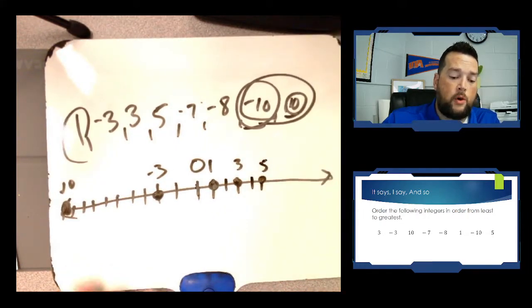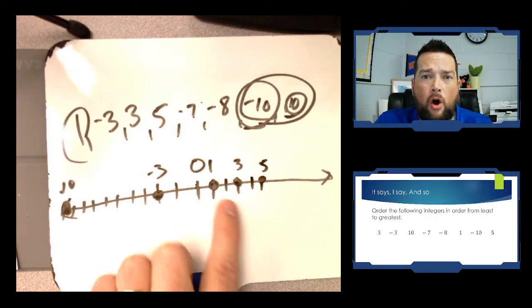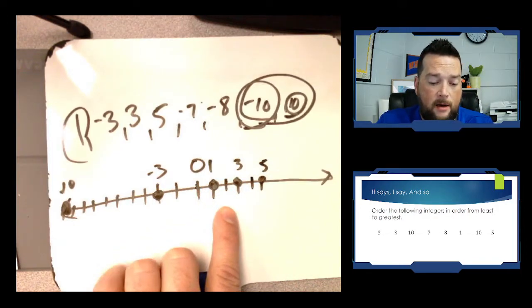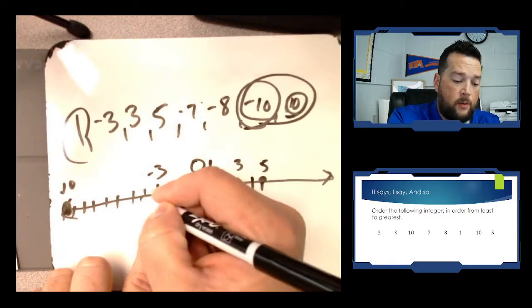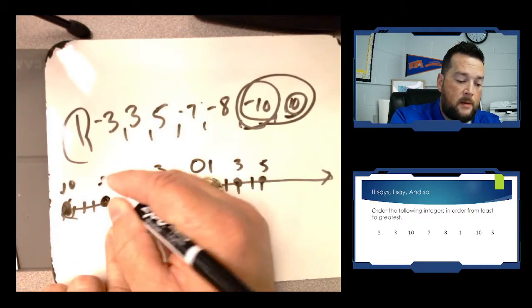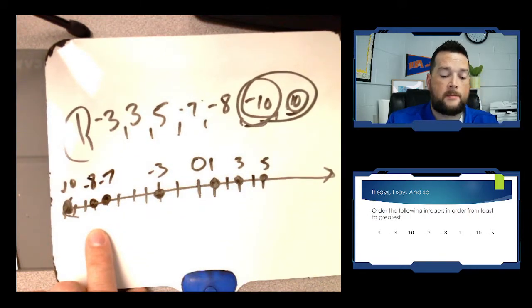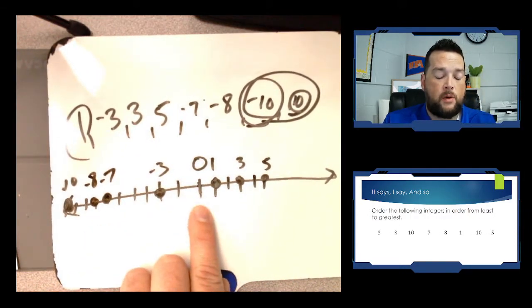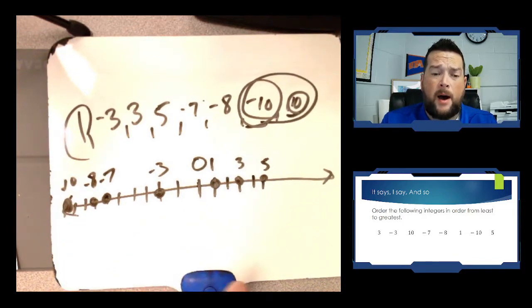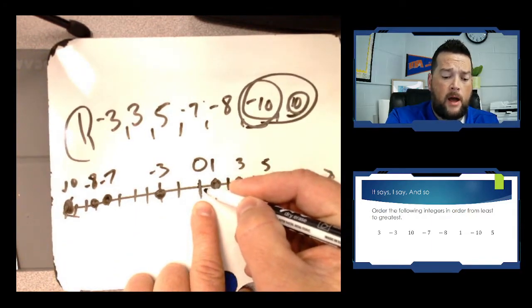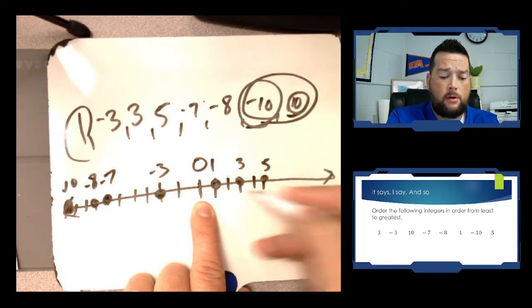All I'm doing is plotting the numbers on the number line itself. -7, there's -3, 4, 5, 6, 7. -8 is right next to it. Whenever you're doing negatives, sorry, back up for a second. Positive numbers on the number line are to the right, starting at 0 and going to the right.